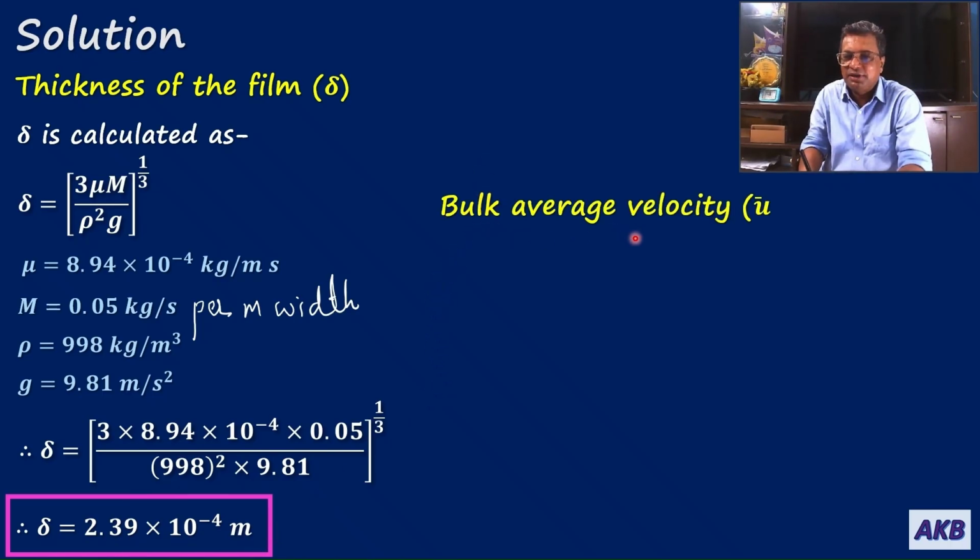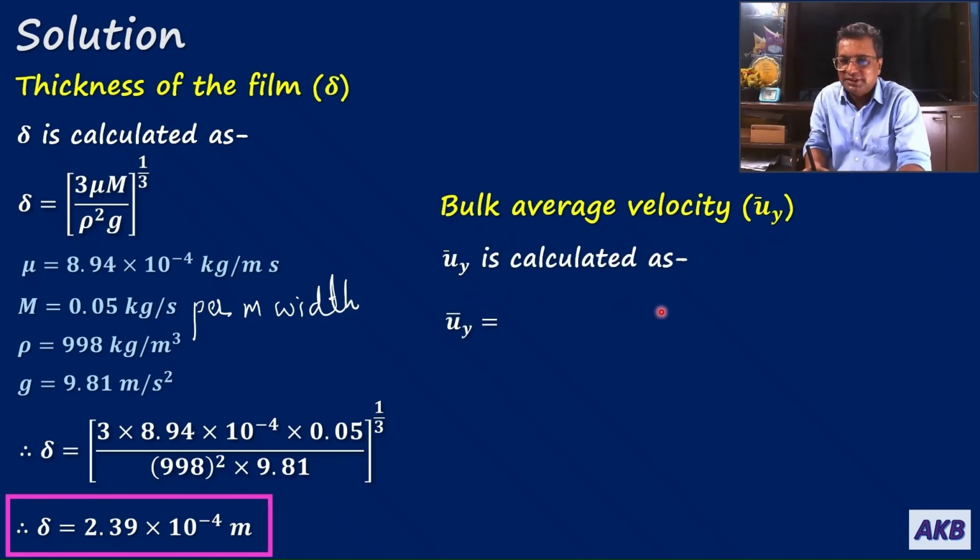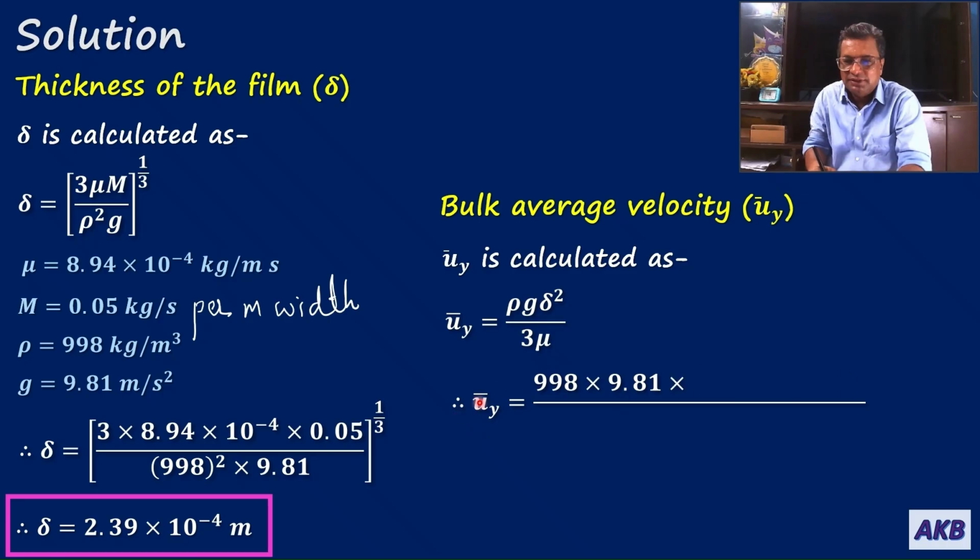Now let us calculate the bulk average velocity, that is Uy bar. And Uy bar is calculated by using this formula. Uy bar is equal to rho g delta square upon 3 mu. So rho is 998, g is 9.81.